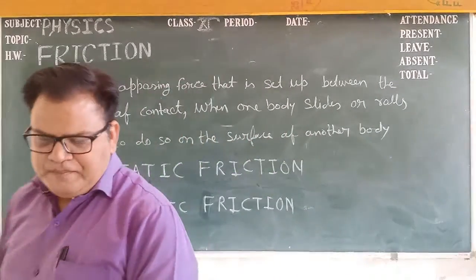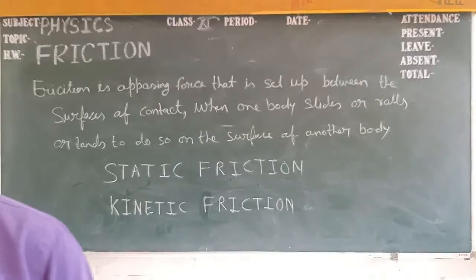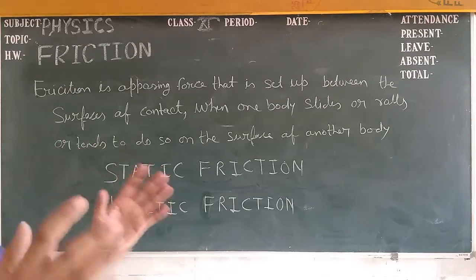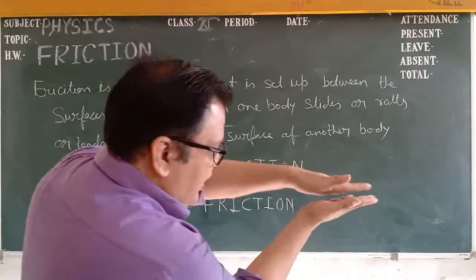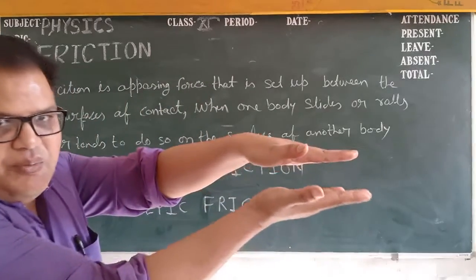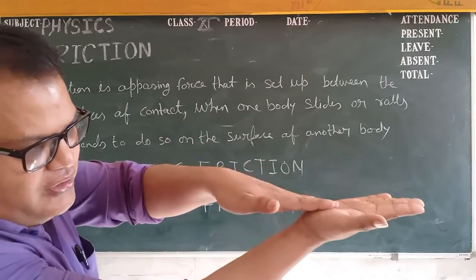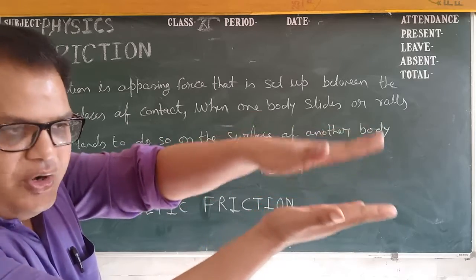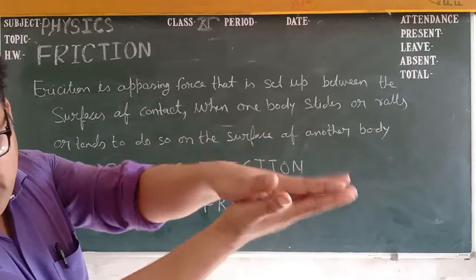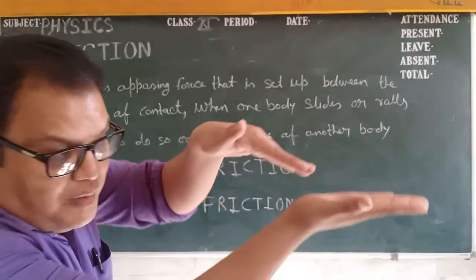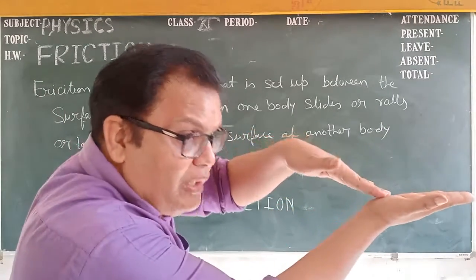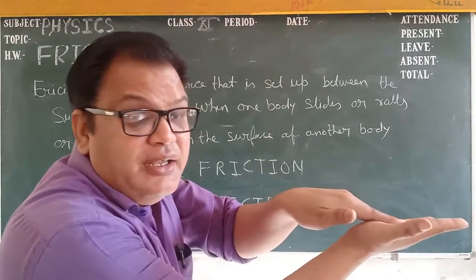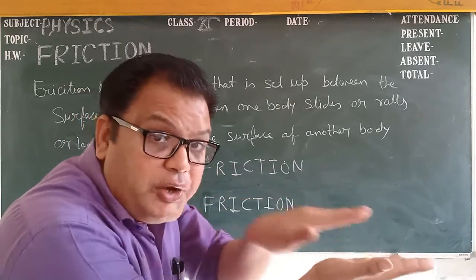Static friction is the opposing force that is set up between the surfaces of the two bodies when one body tends to slide.